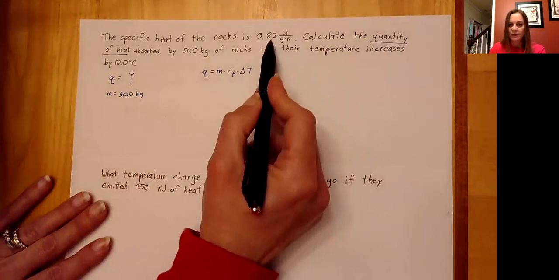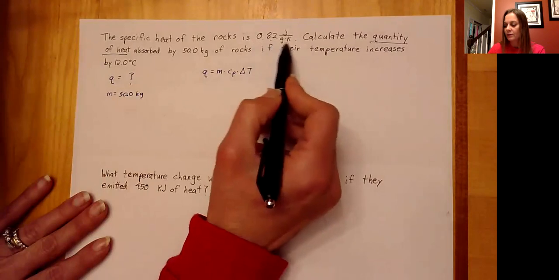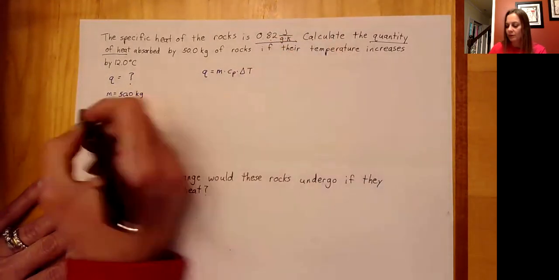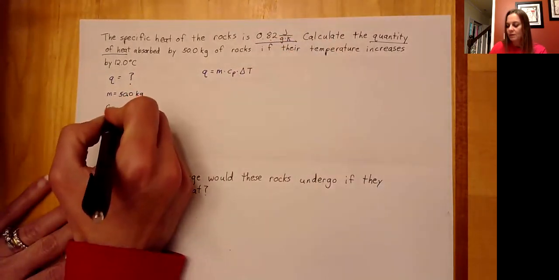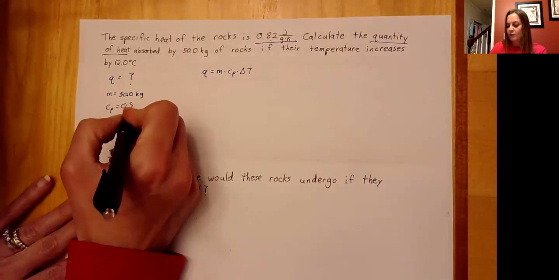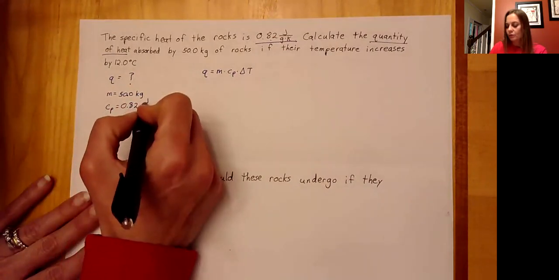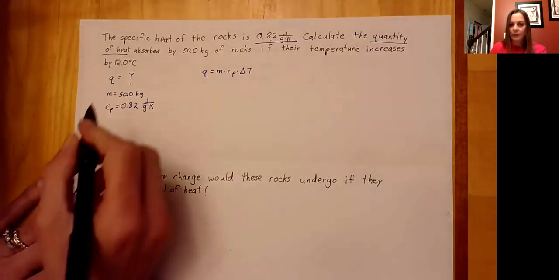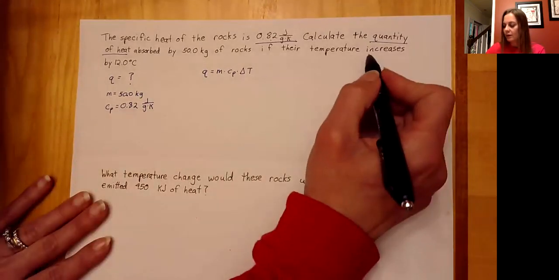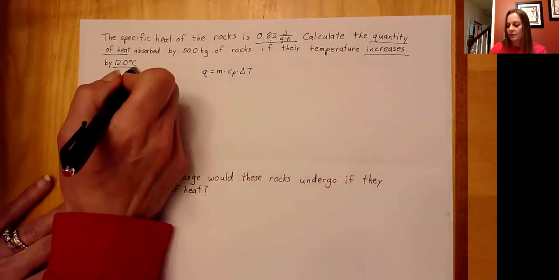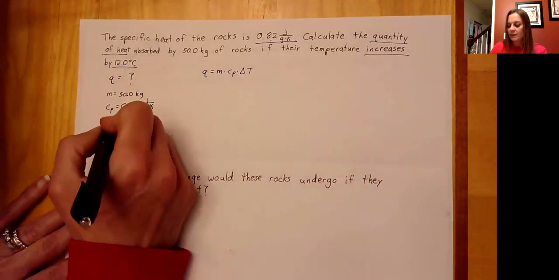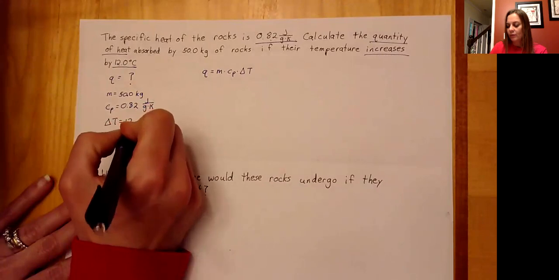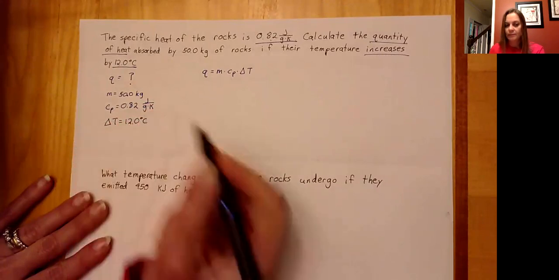And the specific heat is 0.82 joules per gram Kelvin. So C_P equals 0.82 joules per gram Kelvin. And then the temperature increase is 12 degrees Celsius. So delta T is 12.0 degrees Celsius.